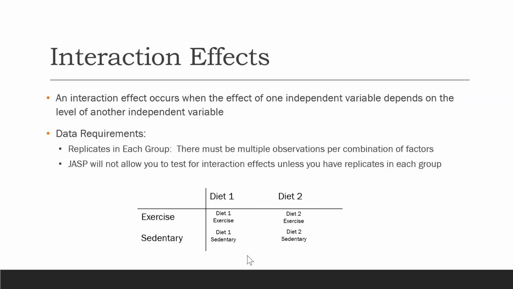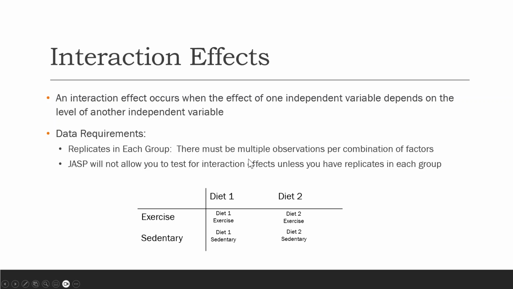Now, there are some studies where I cannot test for an interaction effect. So there are some data requirements. One of the data requirements, or the main data requirement, is that we need replicates in each group. All that means is that we need multiple individuals in our study in each group.